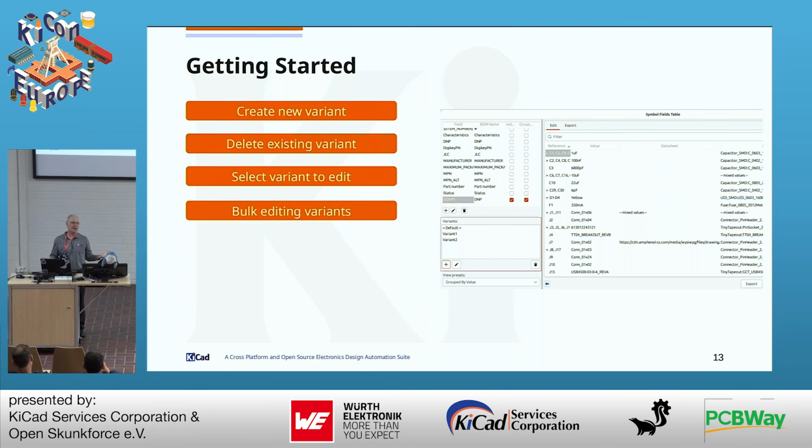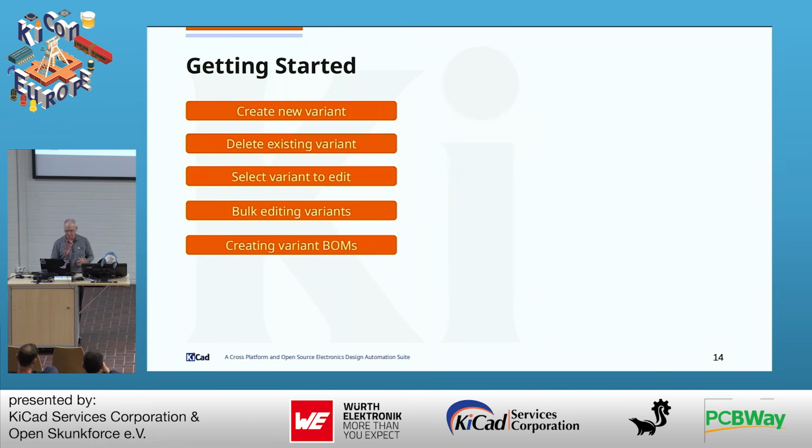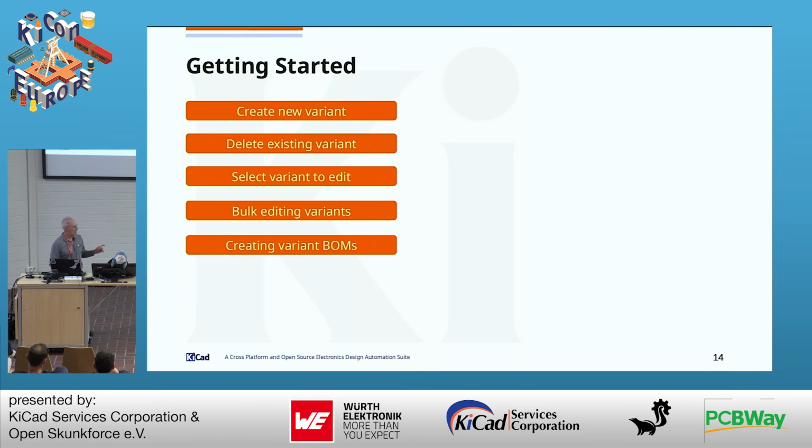And same thing in the schematic editor, when you export to the board editor, instead of having one footprint for that symbol, you have however many variants you have, but they'll be wired in parallel. So pin 1 to pin 1 to pin 1, 2 to 2 to 2, 3 to 3 to 3 in my transistor example. So you create variant BOMs, as I discussed earlier.